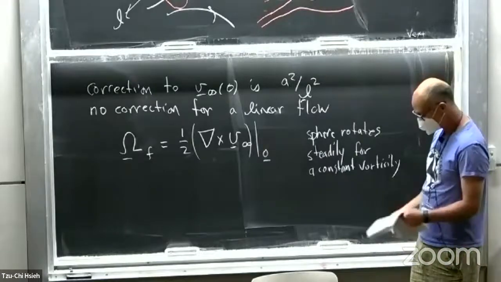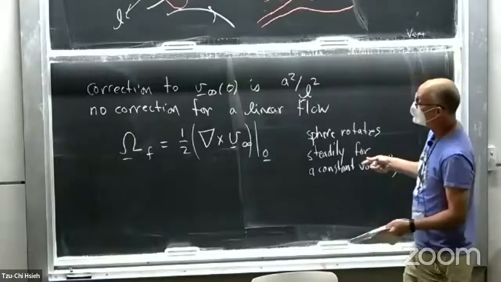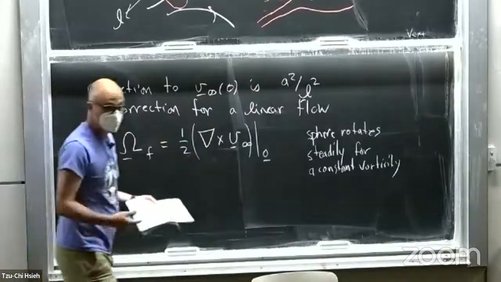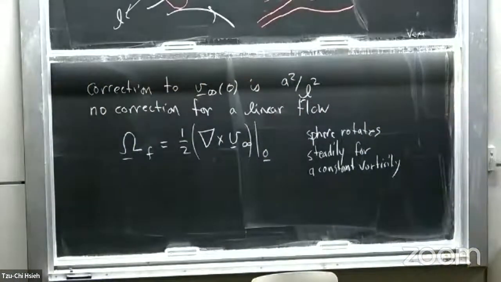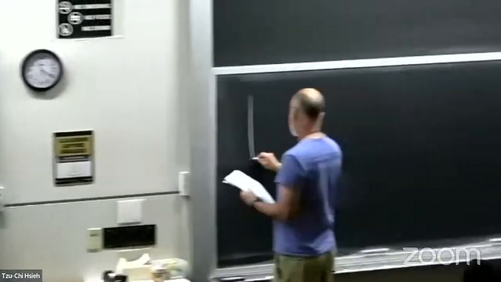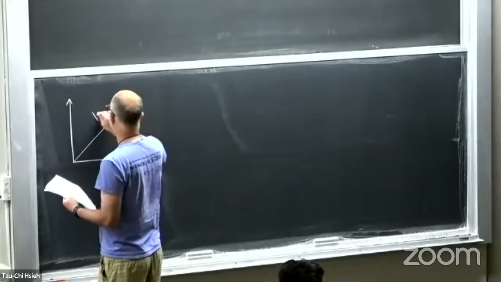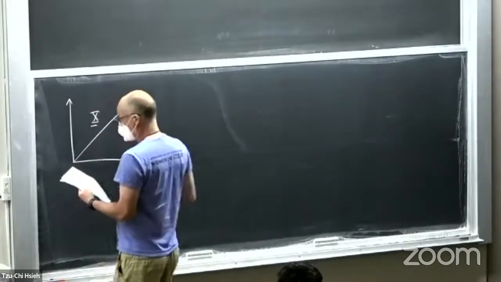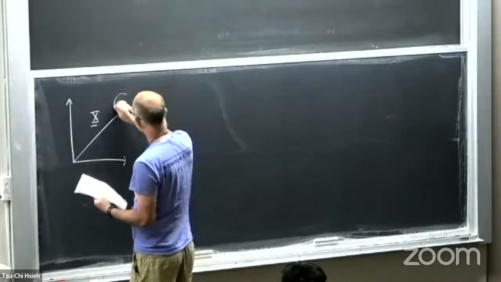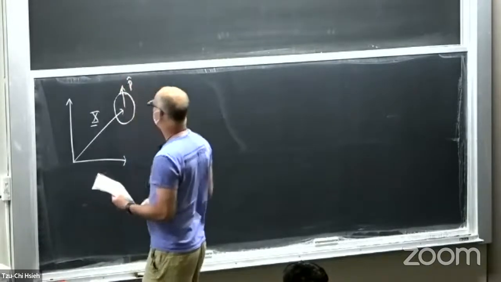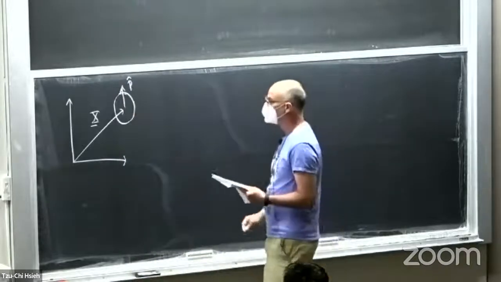That's right. Okay, so now we can use these laws to write down the equations for the trajectories and figure out what the orientation of the swimmer is. So let's say we have some axis here, and I'll use capital X for the position of the swimmer, and P is its orientation.